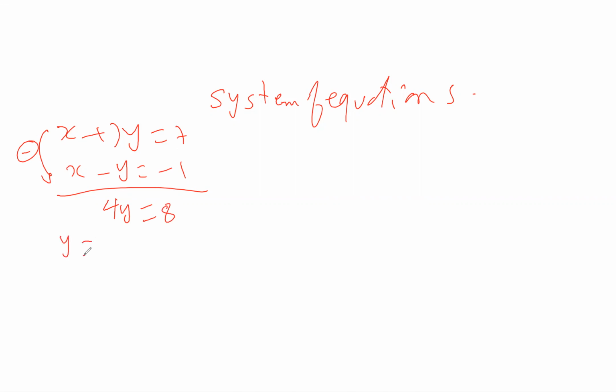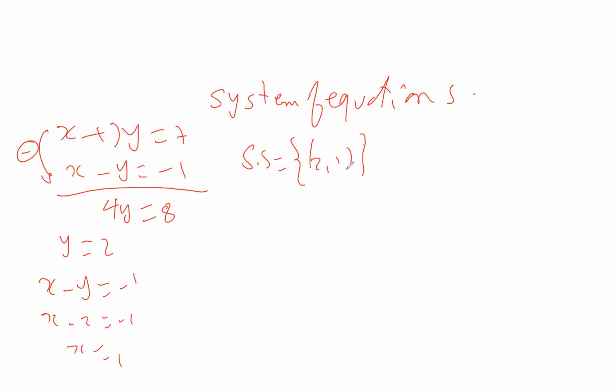So y equals 2. And we can substitute to find x. So x minus y equals negative 1, x minus 2 equals negative 1, then x equals 1. Then the solution set will be (2, 1).